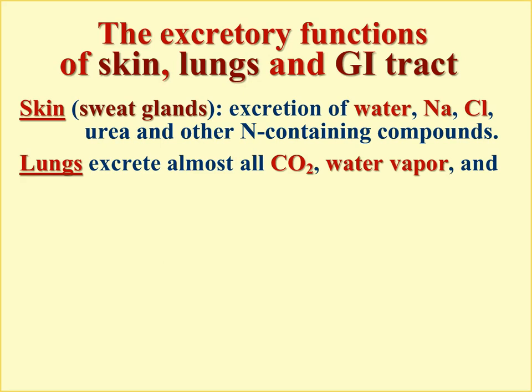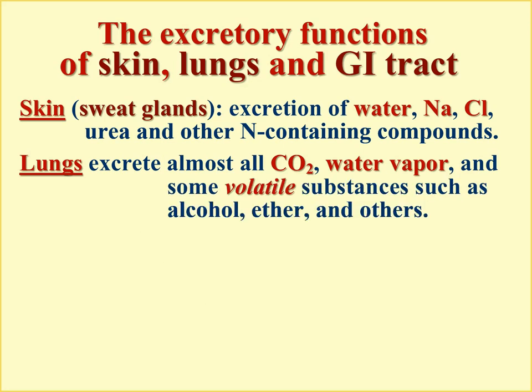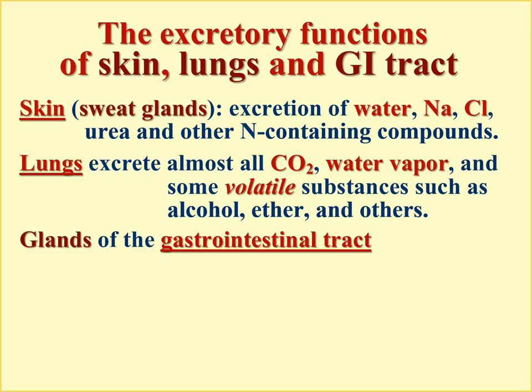Lungs excrete almost all CO2 and a certain amount of water vapor, about half a liter daily, and also when necessary, they can excrete some volatile substances that can produce vapor in the air, such as alcohol, ether, and some others.